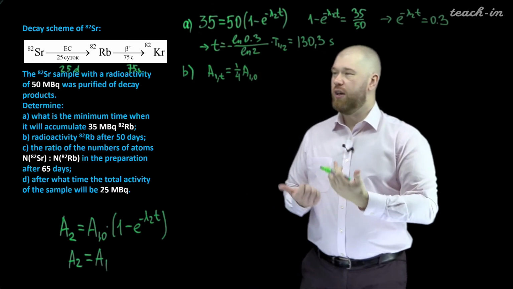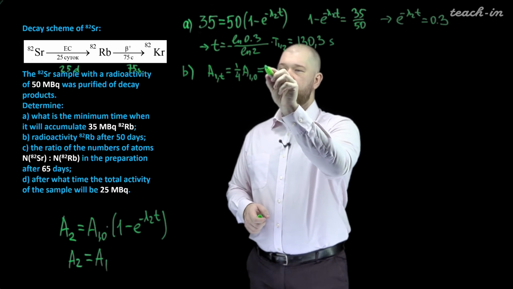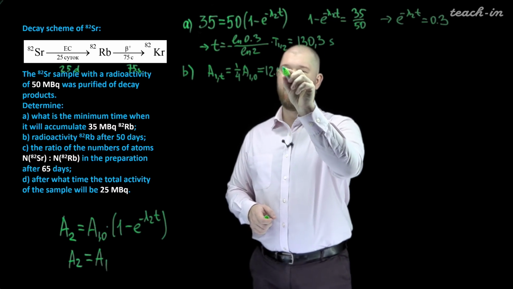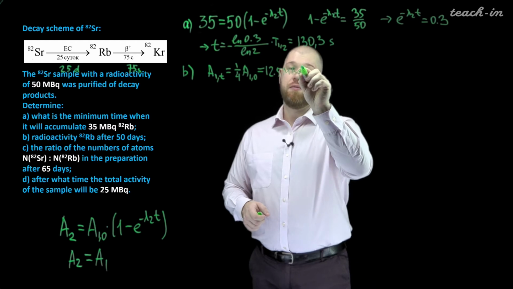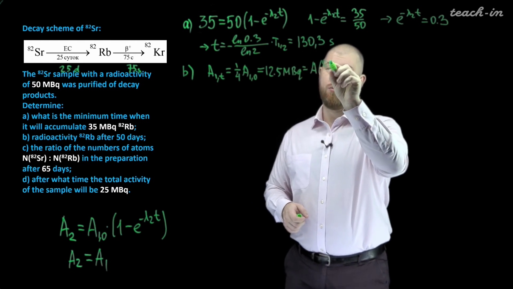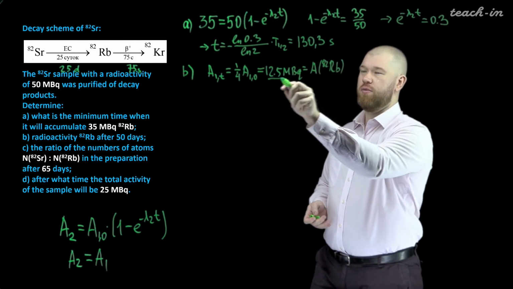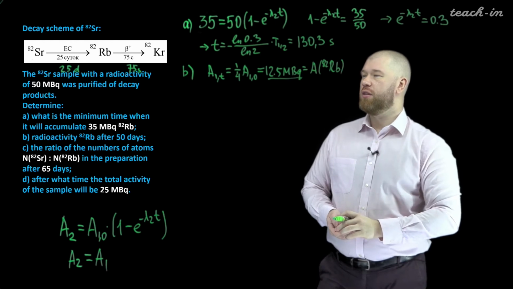So after 2 half-lives we have 1/4. That means that the activity will be 12.5 megabecquerel, and it will be equal to the activity of our rubidium. So that is the answer, 12.5 megabecquerels.